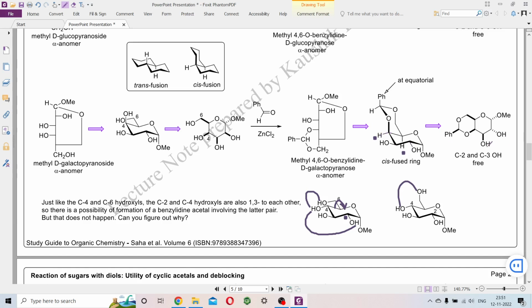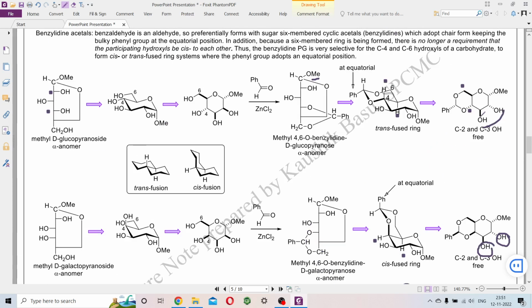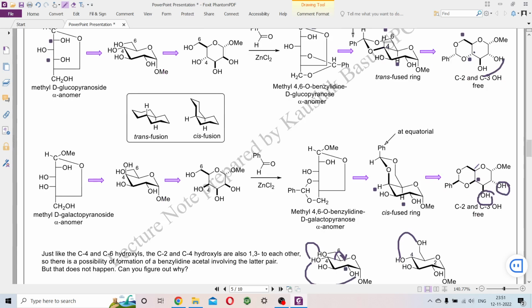And this time you have the C2OH and the C3OH. Again you have C2, C3OH, they are available to you, but because galactose is a C4 epimer of glucose, here you have trans junction, here you have cis ring junction, but the OH groups, their identity are the same, that is the C2 and the C3OH, which are free.